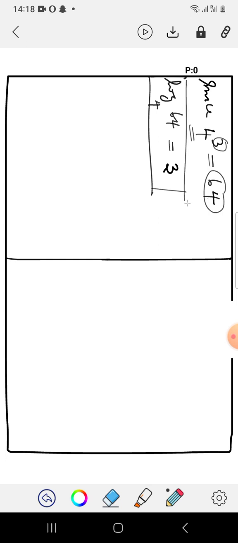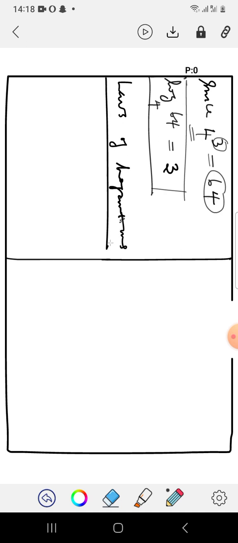Now there are these laws of logarithms. So we go to laws of logarithms. There are 3 basic laws to it.